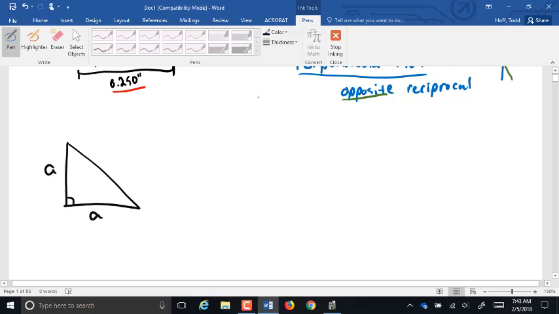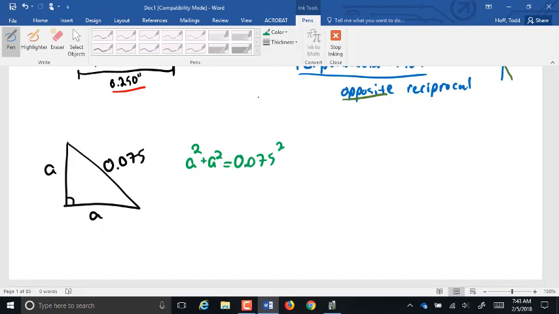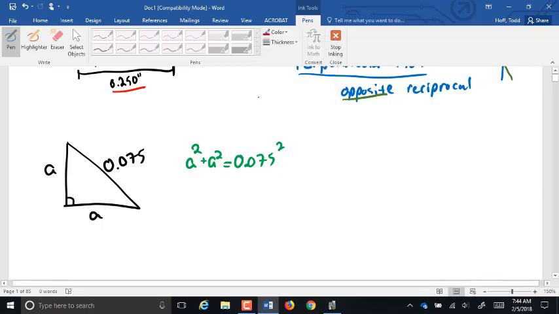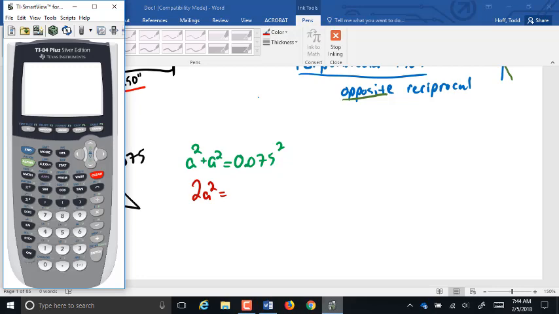I'm just going to call them both A and A. And I know that this is 0.075. So A squared plus A squared equals 0.075 squared. Feeling better? Good. So now A squared plus A squared is 2A squared. 0.075 squared is 0.005625.